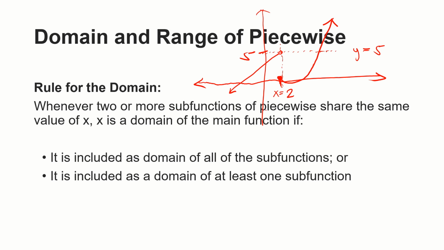whenever two or more subfunctions of a piecewise share the same value of x, x is a domain of the main function if x is included as a domain of all of the subfunctions, or it is included as a domain of at least one of the subfunctions. So if we look at this graph, at x is equal to 2, let's say this is subfunction number 1 and this is our subfunction number 2.